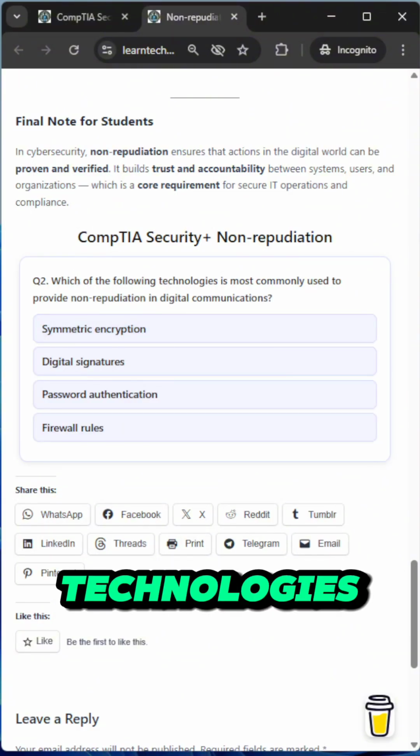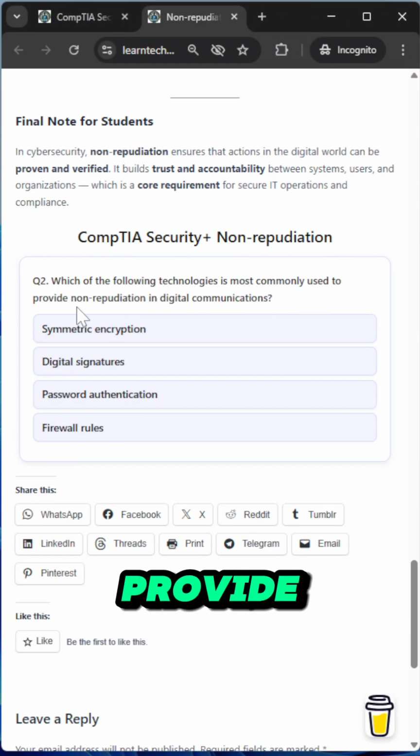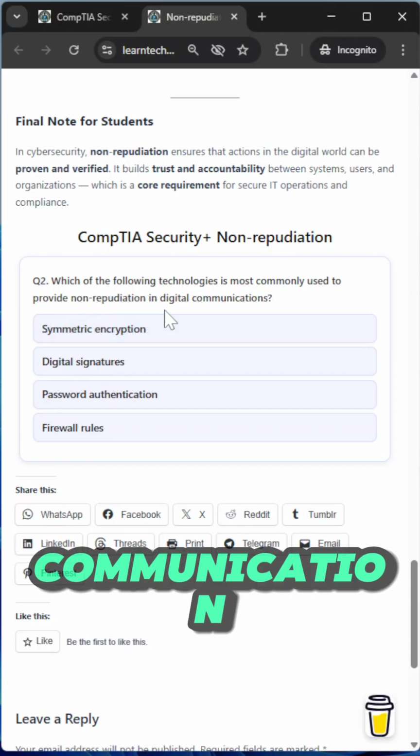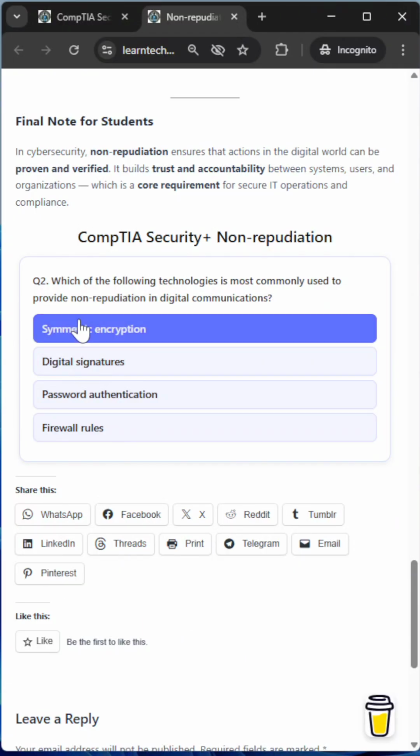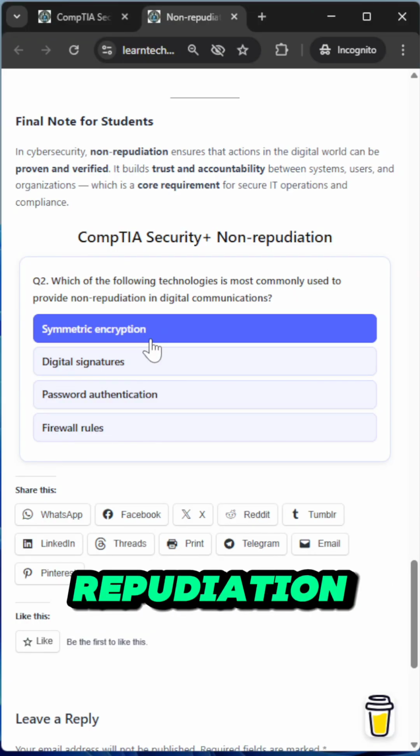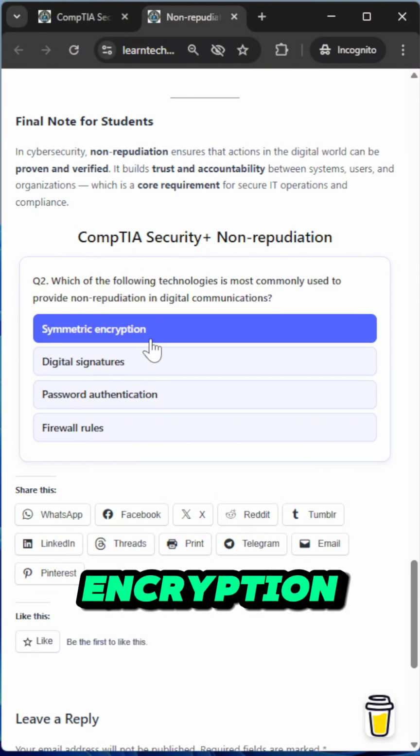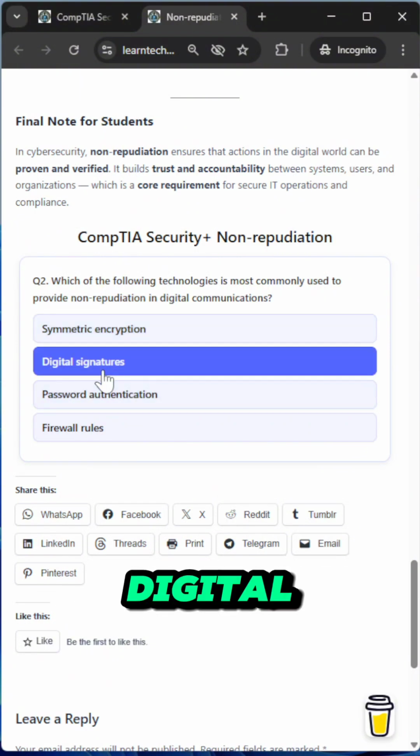Which of the following technologies is most commonly used to provide non-repudiation in digital communication? Symmetric encryption? No. The encryption behind non-repudiation is asymmetric encryption, and then digital signatures, yes.